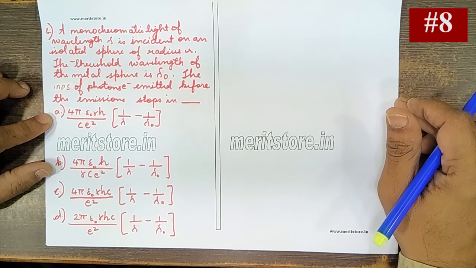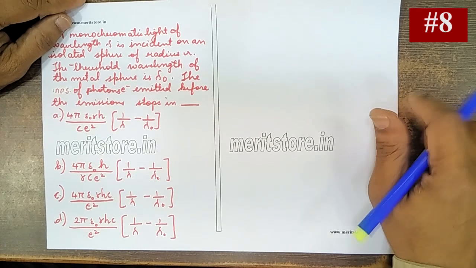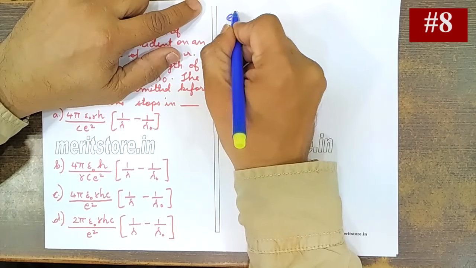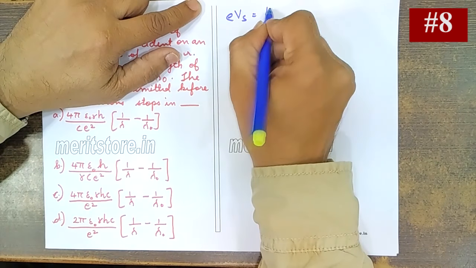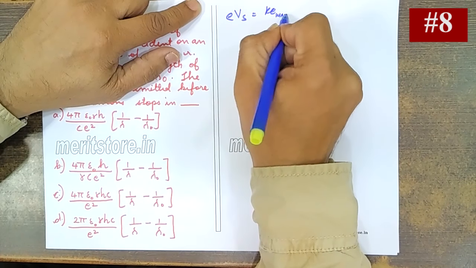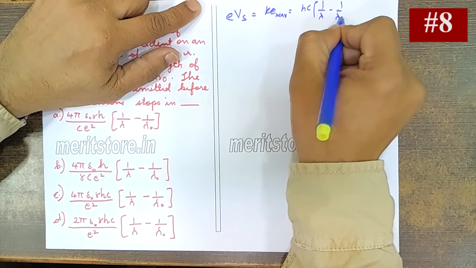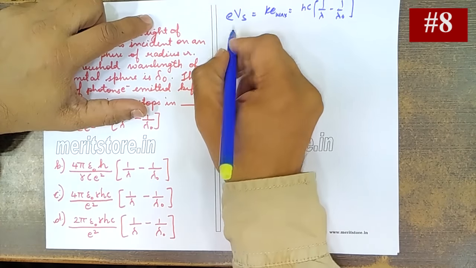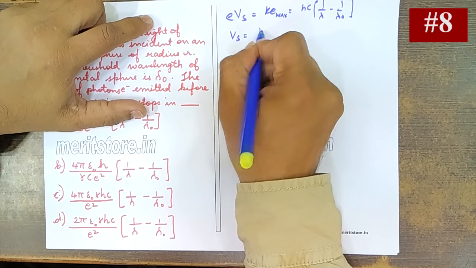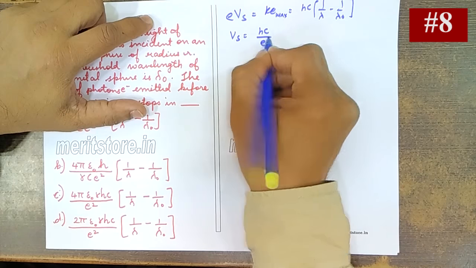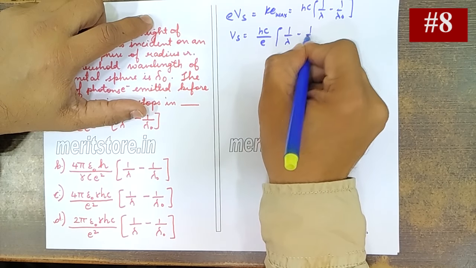So my formula will become eVs, stopping potential, is equal to kinetic energy max is equal to hc into 1 upon lambda minus 1 upon lambda 0. So stopping potential Vs will become hc upon e into 1 upon lambda minus 1 upon lambda 0.